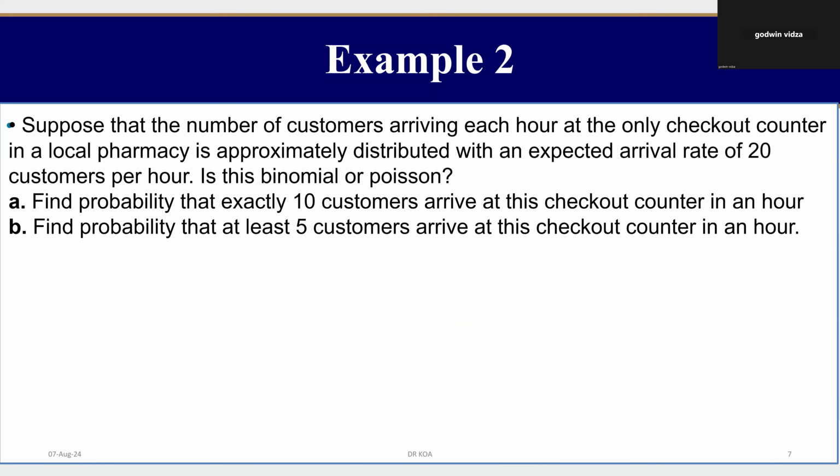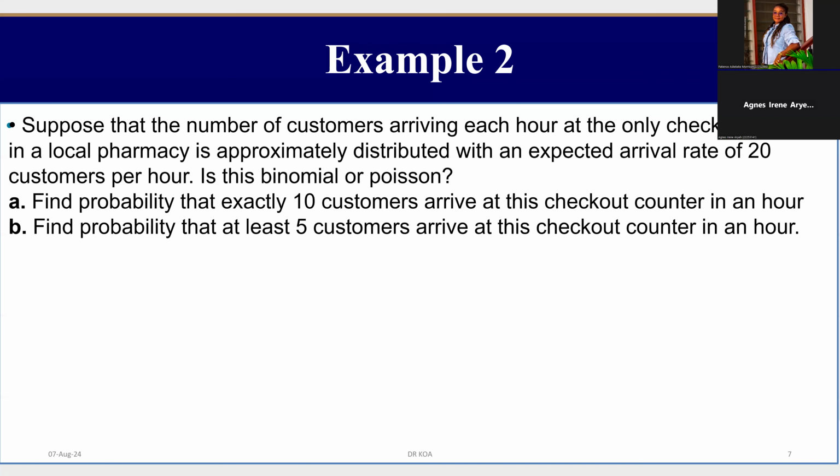Yeah, there's another clue. Who has seen the other clue? There's another clue that tells you that this one is Poisson. Patience. The word rate, arrival rate. That's it.